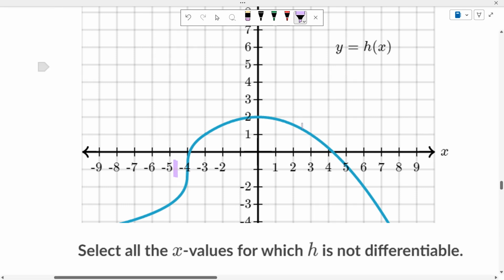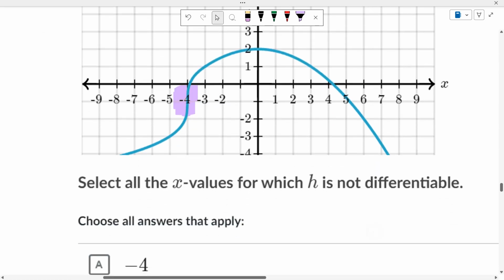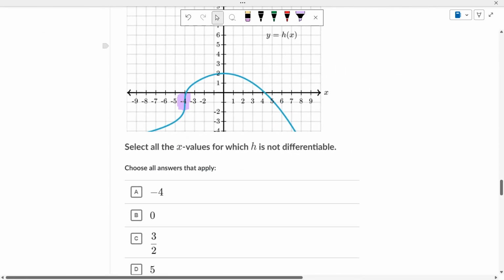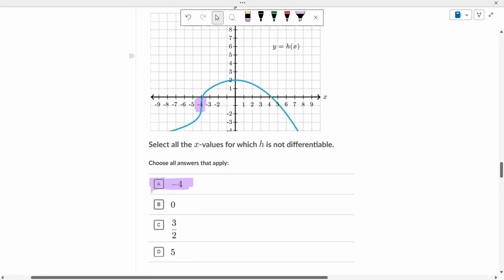And yes, Henry, it does go vertical. Right there. So since it goes vertical there, it doesn't have a derivative at -4. And that's the only thing wrong with this. 0 is fine. 3/2 is fine. 5 is fine. But -4 is not fine.